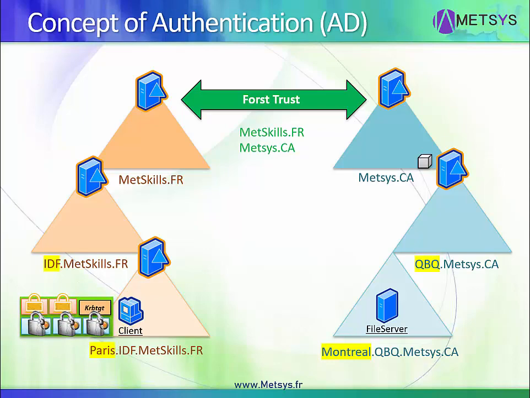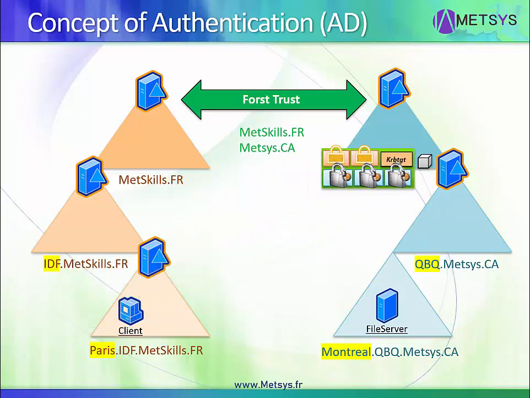Once the client receives that, the client will need to contact that DC. So again, the whole packet is going to get transferred to the local DC of qbq.medsys.ca. Since that one has a corresponding key, it can easily decrypt the packet.